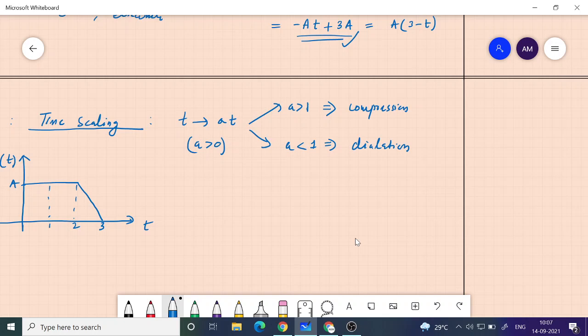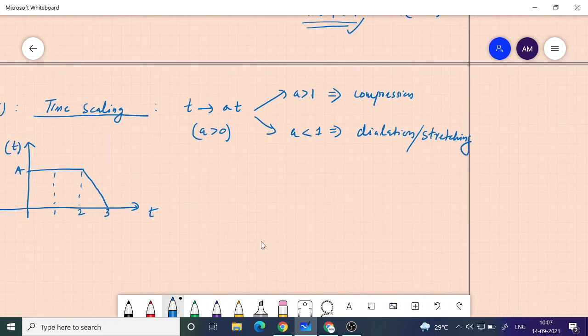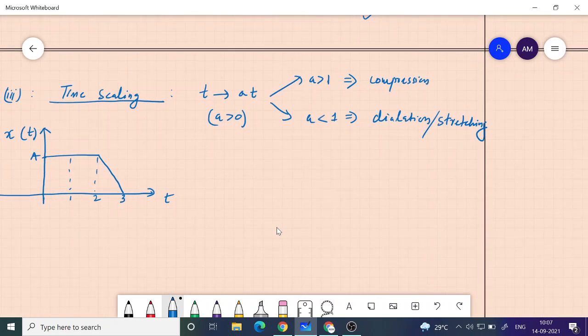Dilation means stretching of the signal. Compression means you are cramping everything.